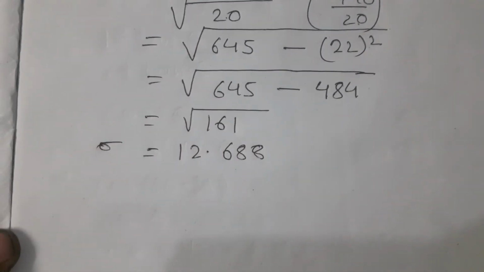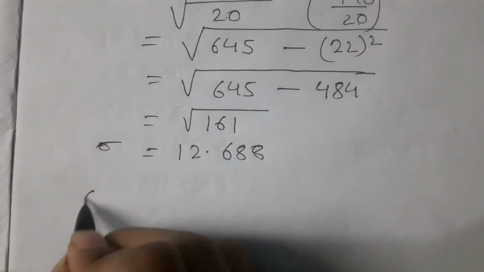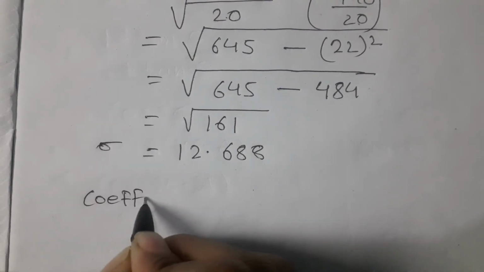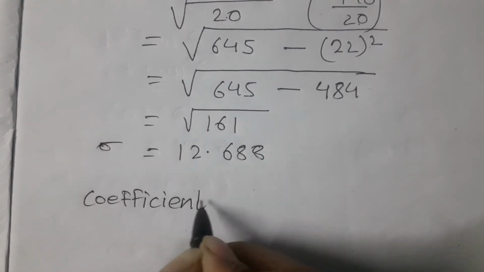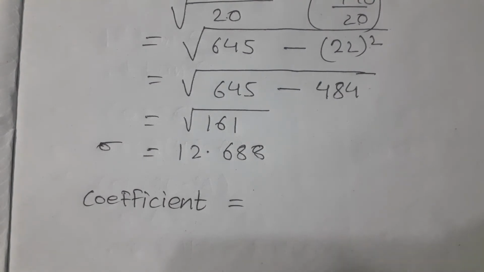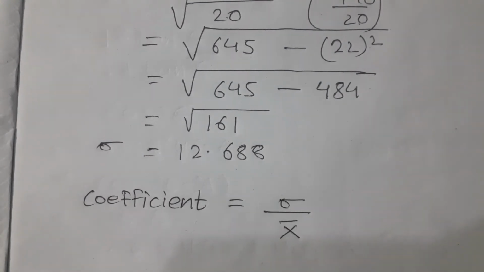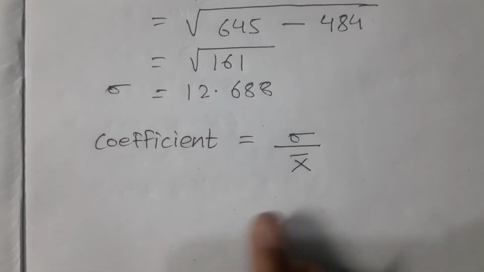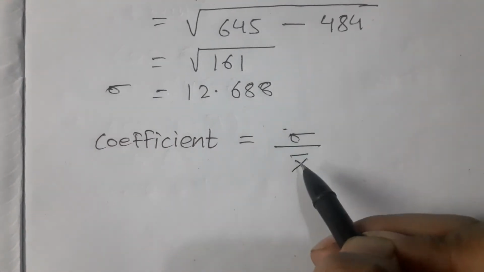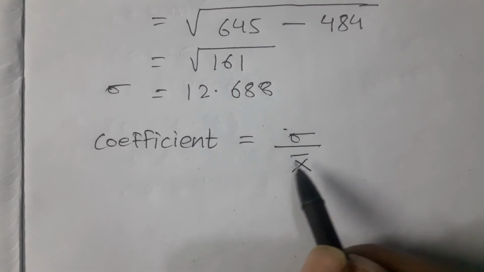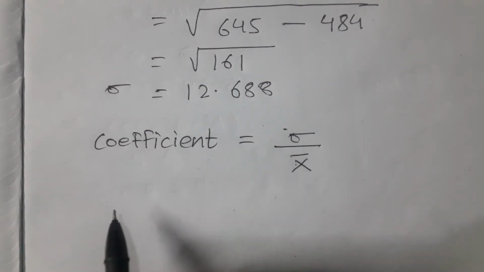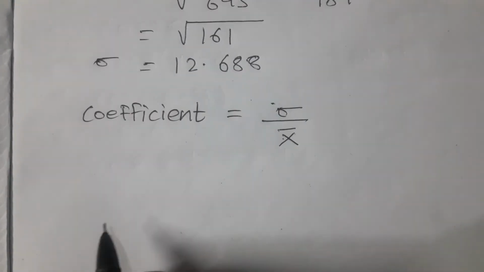Now there is one more thing left to be calculated, and that is the coefficient. For the coefficient you need to know the formula, and that is standard deviation divided by mean. So here, mean we have not calculated. Standard deviation is already available. For this formula you need the value of mean, so you can separately calculate it.